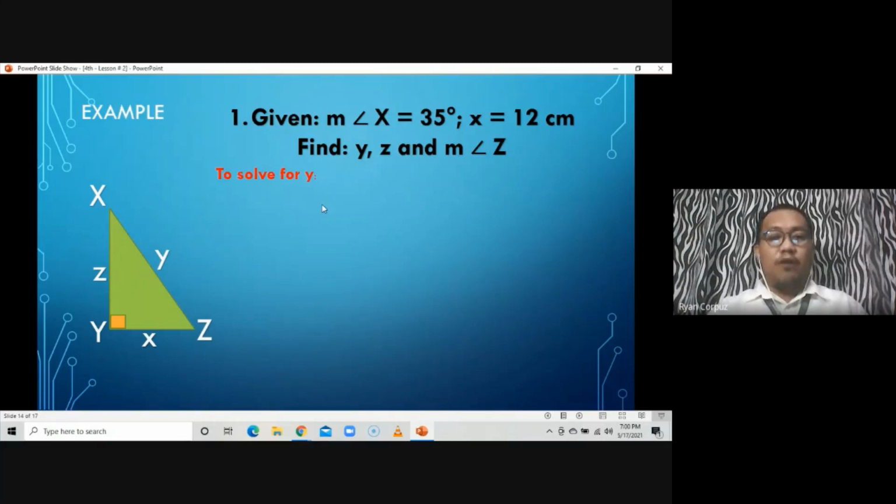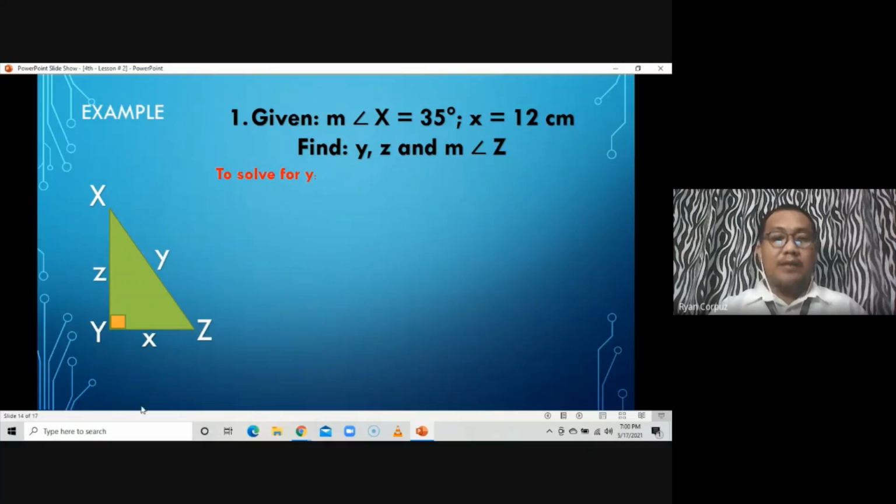To solve for y, alamin natin given. Ang given natin, we do have a given measure of angle which is 35 degrees. Magbe-base tayo sa given angle. With regards to angle x, ang side x is its opposite side. And how about the one we are looking for?